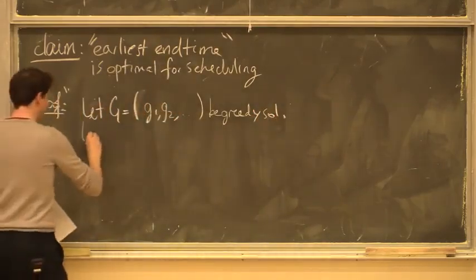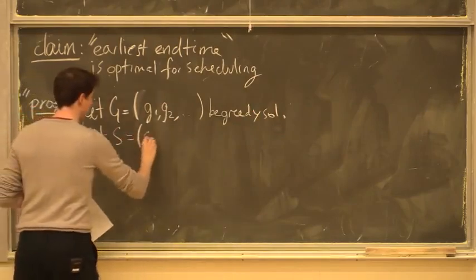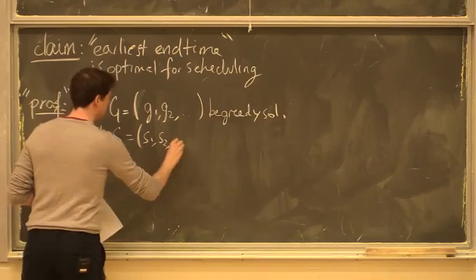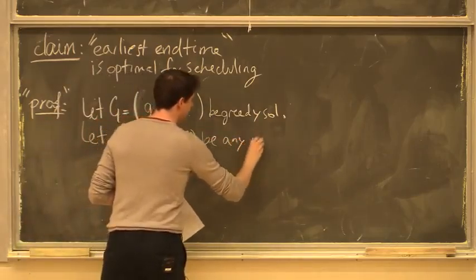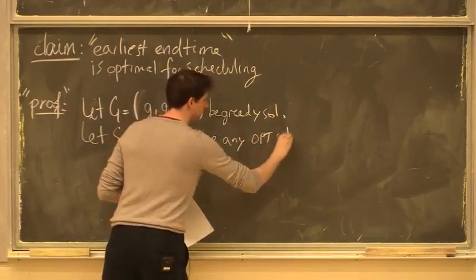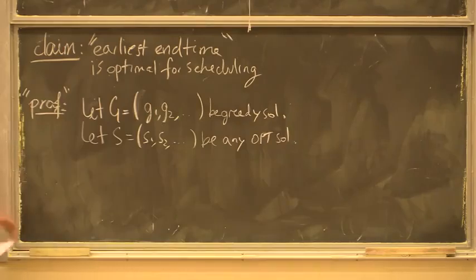Now we're also going to say let S1, S2, maybe they're different lengths, be any optimal solution. Okay? So this is what the algorithm spits out. This is something that just exists. So we can totally talk about it.